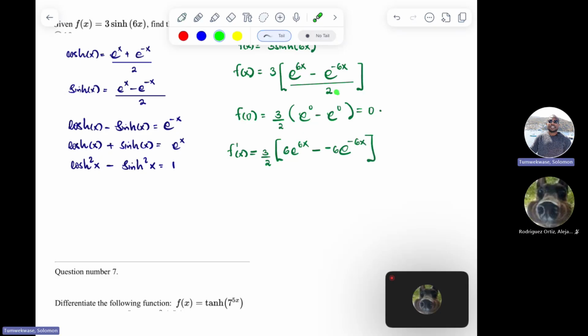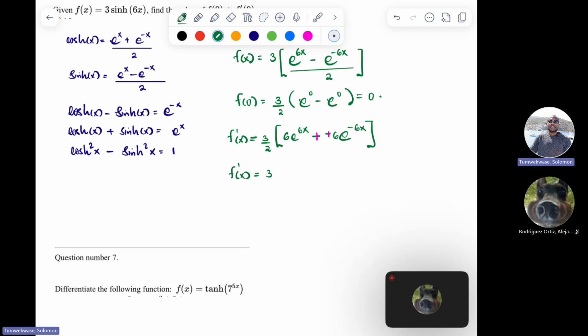So this one becomes a plus, and I have a common 6, so I can bring the 6 outside, times (e to the 6x plus e to the negative 6x).